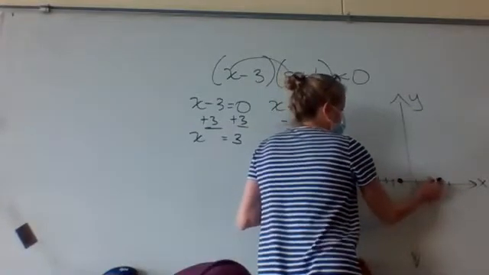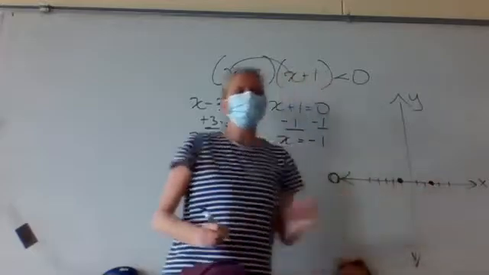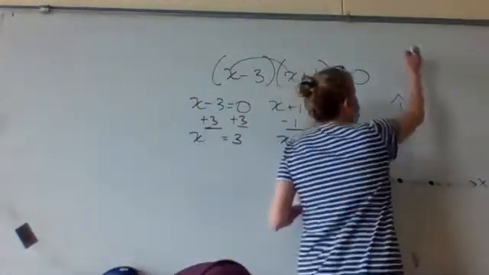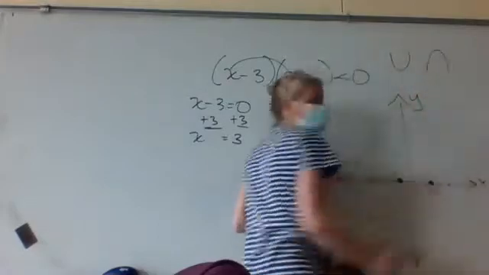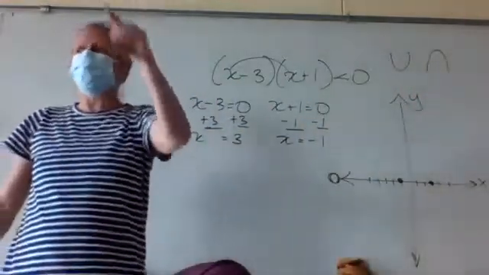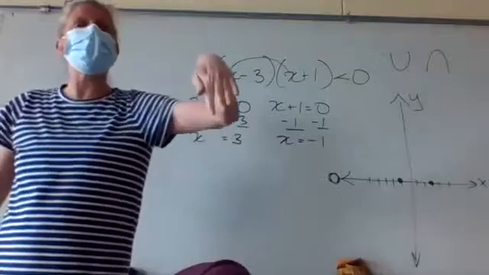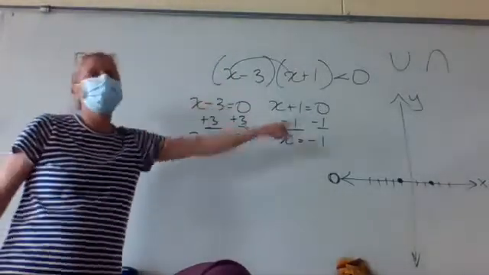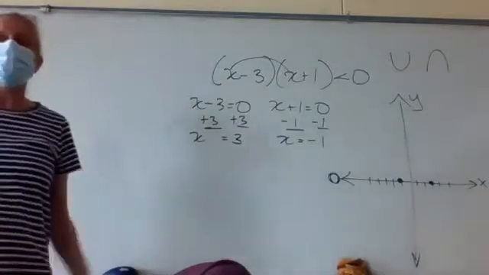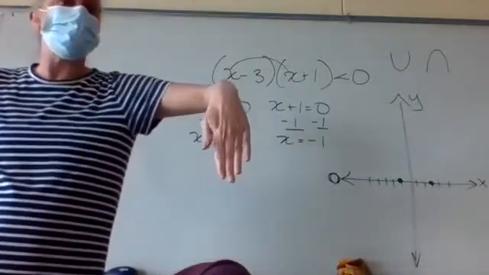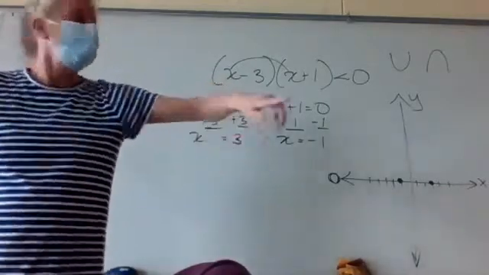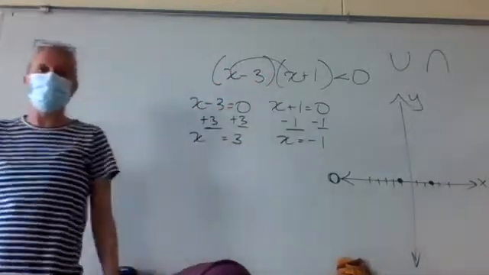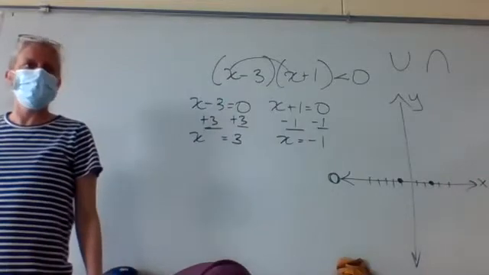+3. So once I do the x-intercepts, then I just need to know, is this parabola this kind or this kind? There's 2 different kinds, right side up or upside down. And what tells you that? What the x squared is, right? If it's negative, that's what flips those U-shapes upside down. If I foil here, x times x, that's going to give me a positive x squared, not negative.